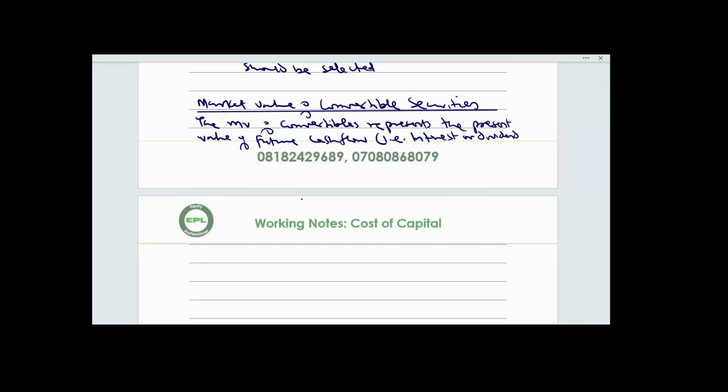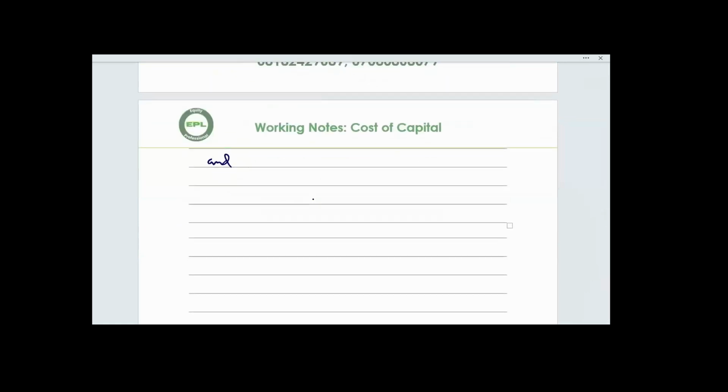The debt holders are also entitled to fixed interest. So if you want to calculate the market value of convertible preference share, the future cash flow that the preference shareholder will receive will be the fixed dividend and then the principal repayment. Interest or dividend, and principal repayment. Let me put it on the next page.